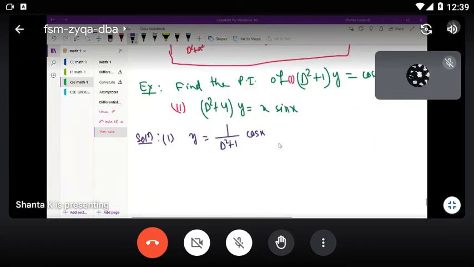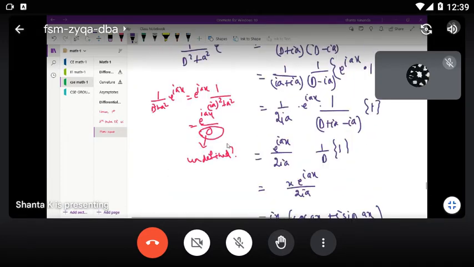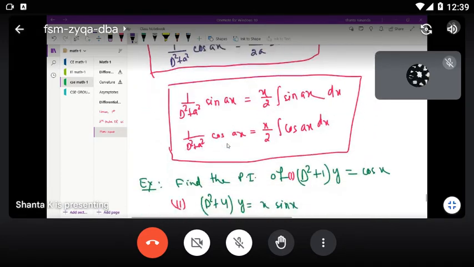If you put 1, it is going to be 0. So f of minus 1 square is making it 0. So either you can proceed in the previous forms or you can directly use this one.